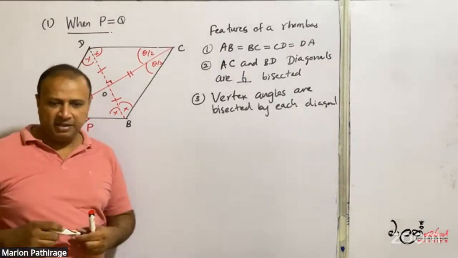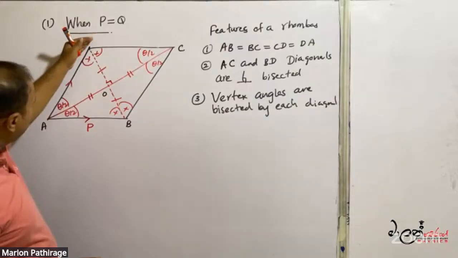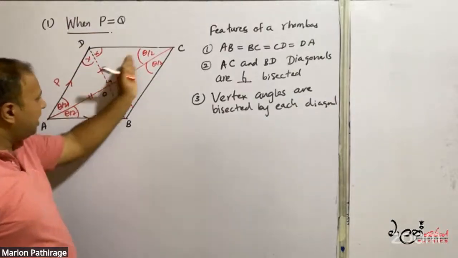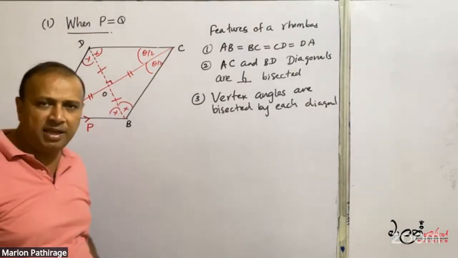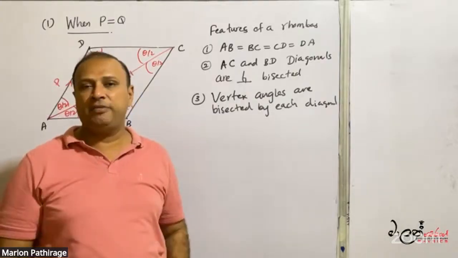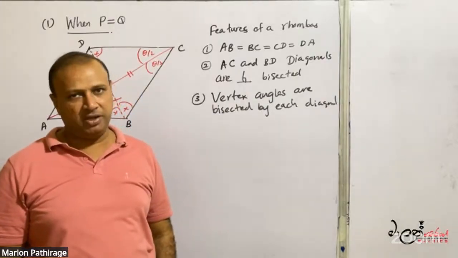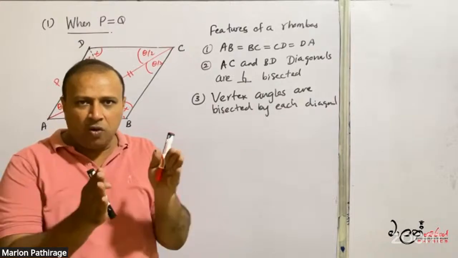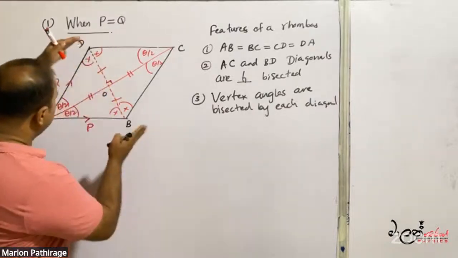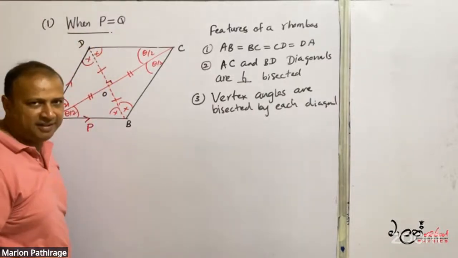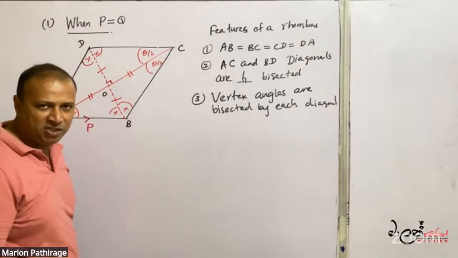Then the other one is these two diagonals are not equal in magnitude. One diagonal is shorter than the other. That is very important in the relationship.